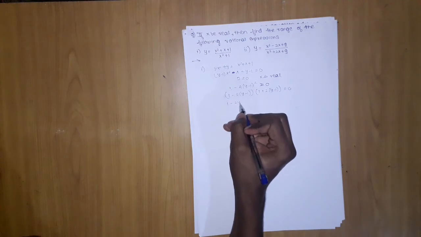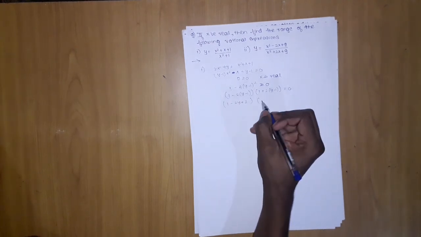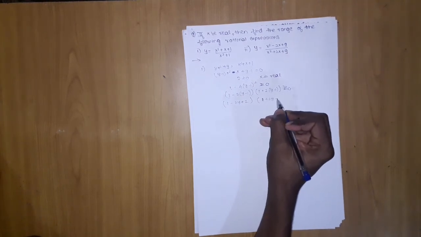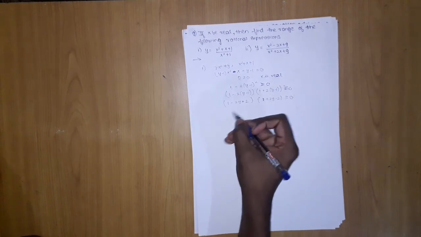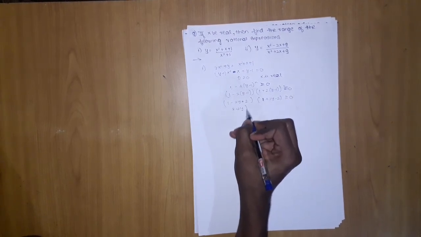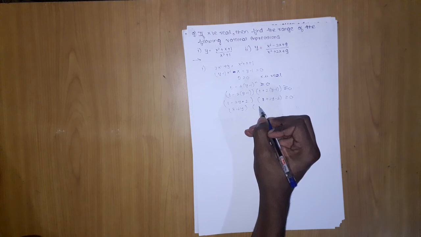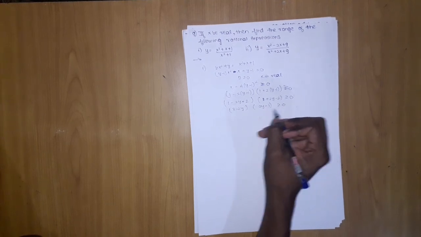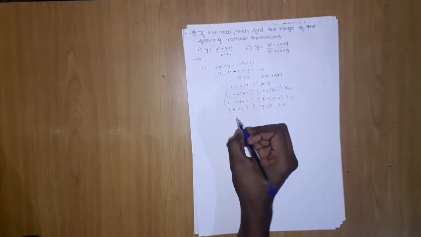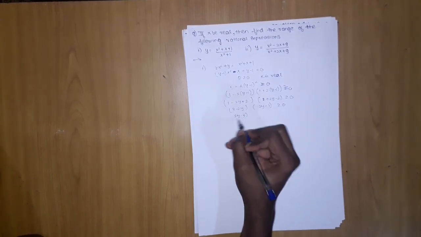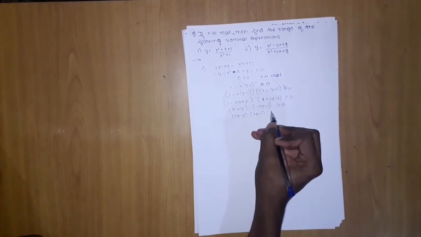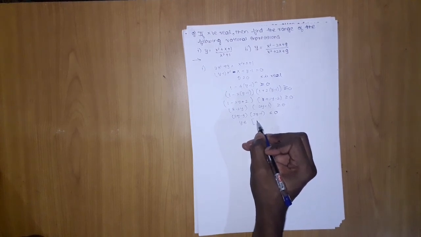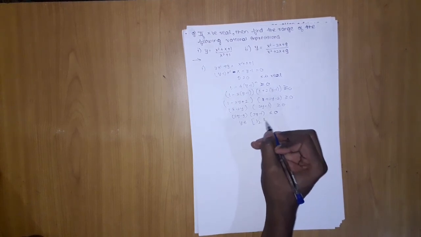Then 1 minus 2y plus 2 and 1 plus 2y minus 2 product should be greater than or equal to 0. This gives us 3 minus 2y and 2y minus 1 product greater than or equal to 0. Now we will change the sign by multiplying by minus. So we will get 2y minus 3 into 2y minus 1 should be less than or equal to 0. So we are getting y belongs to 1 by 2 to 3 by 2.